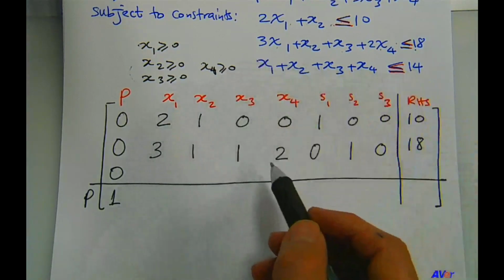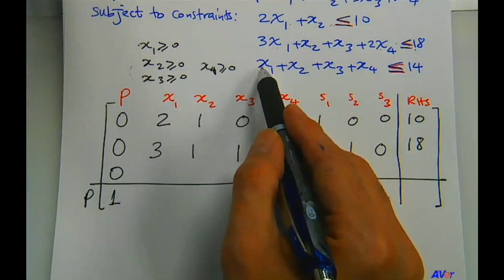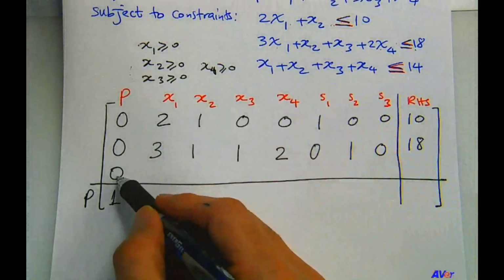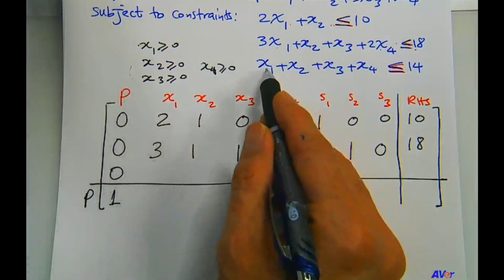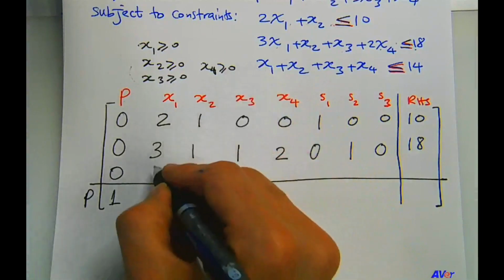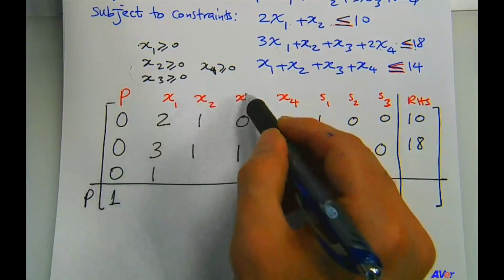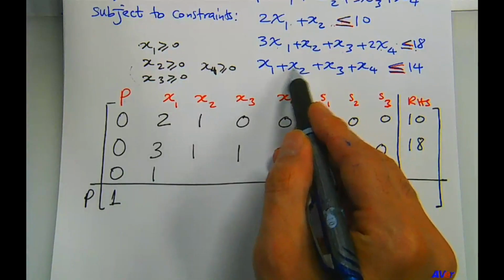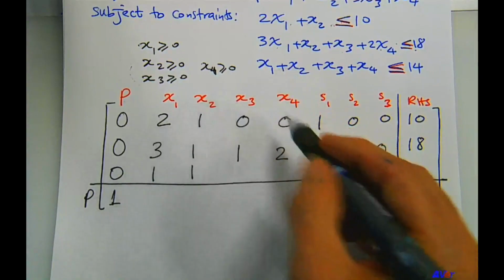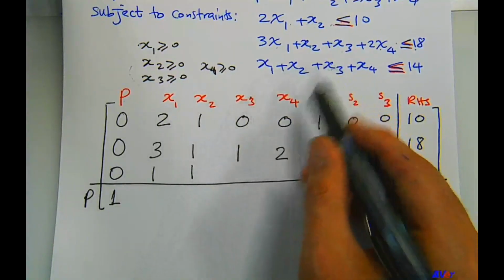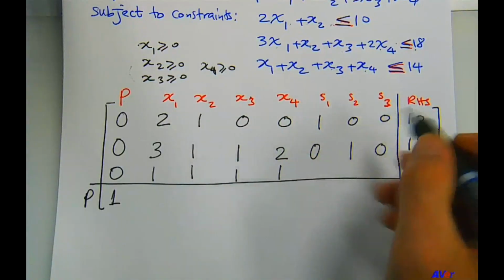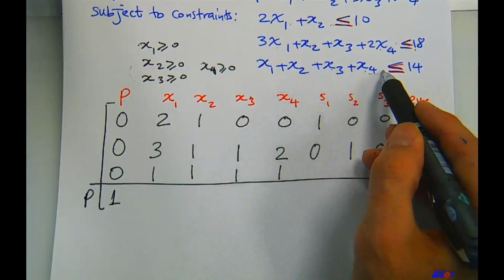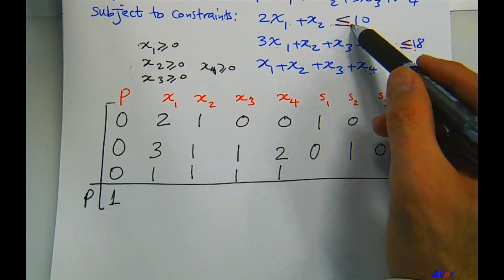So the last inequality, there is no p in here. So here is 0 as the coefficient for p. For x1, coefficient is 1, right? I'm looking at these columns. x2 has coefficient 1. x3 has coefficient 1. x4 has coefficient 1. Is there going to be s1 here? No. s1 was already used up here.